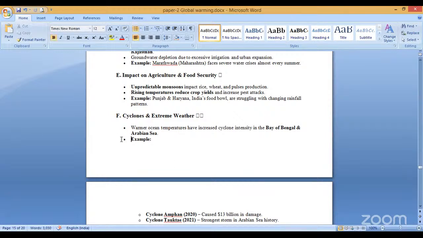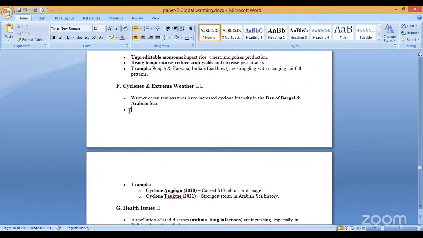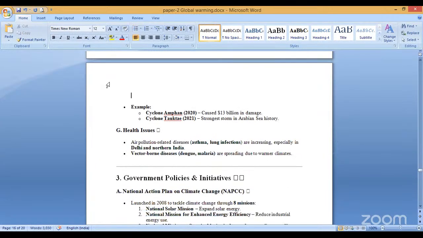For example, a cyclone in 2020 caused 13 billion in damage, and a cyclone in 2021 was the strongest storm in Arabian Sea history.